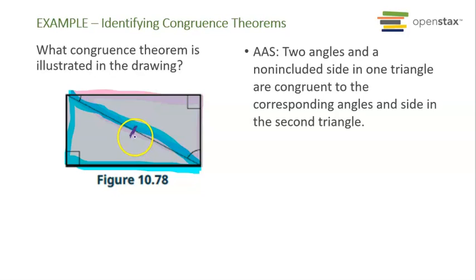We have one side. So I either need two more sides, or I need a side and an angle, or two more angles. Well, I've got an angle right here. I've got this right angle and this right angle. And you can kind of see that fold line, right? So this would flop over right to this one. And so I have an angle, and then I have a side. So what I need is one more angle.